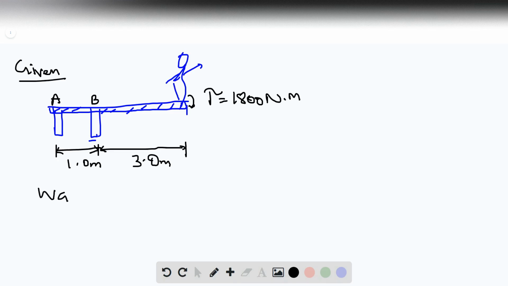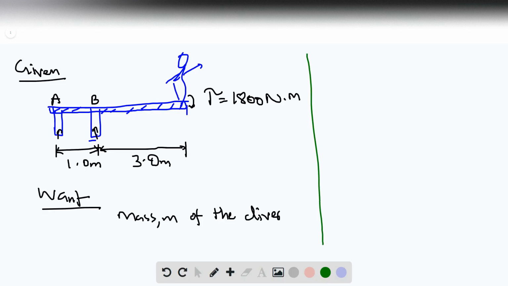And so, given that information, we want to find the mass M of the diver. That's what we want to find out. The diver is being supported by two reactions, A and B.